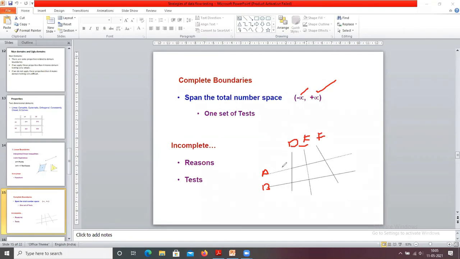Such boundaries can come about because the path that hypothetically corresponds to them is unachievable. So we need complete boundaries that span the number space from minus infinity to plus infinity. And the next one is systematic boundaries.